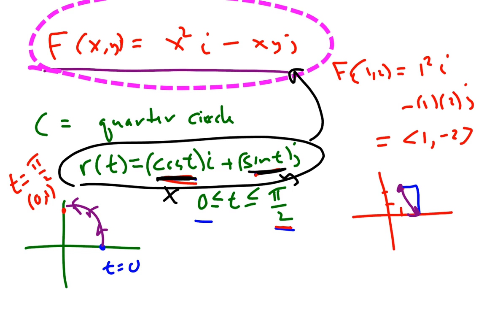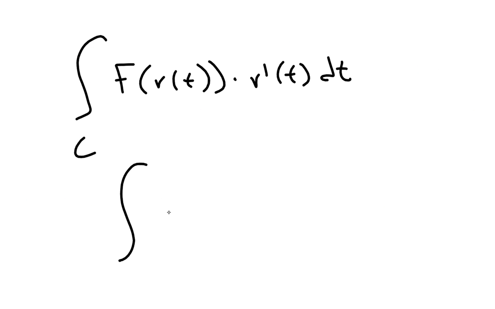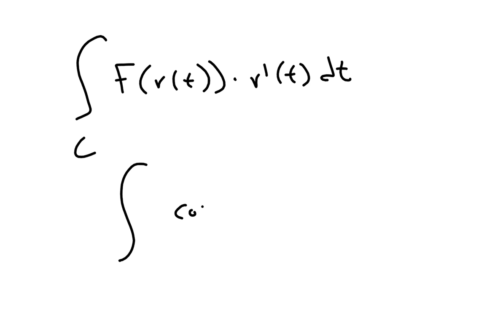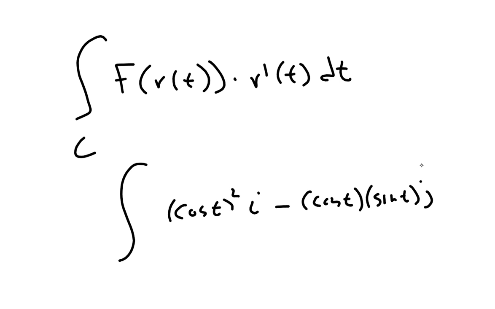So let's do that. Our vector field is x squared i minus xy j. So x squared is going to be cosine t quantity squared i, minus x times y, which is cosine t times sine of t, j.